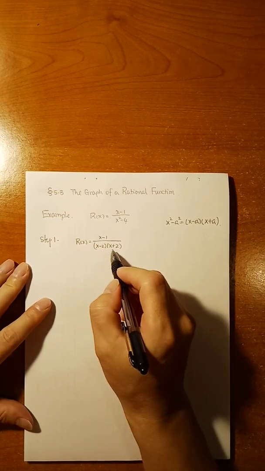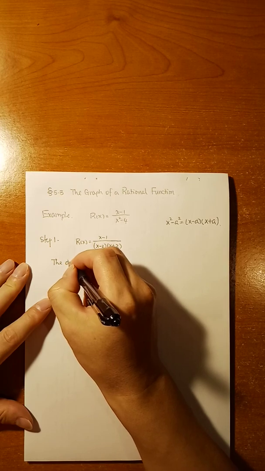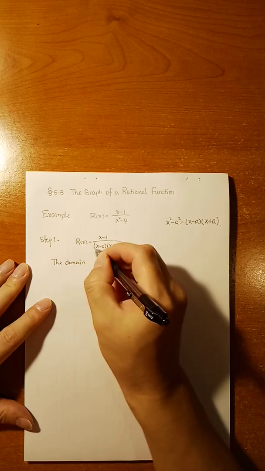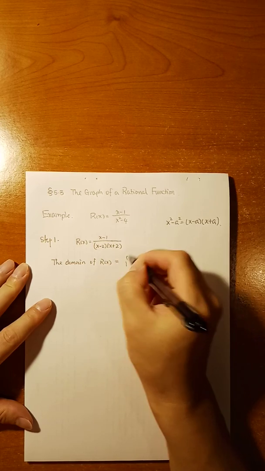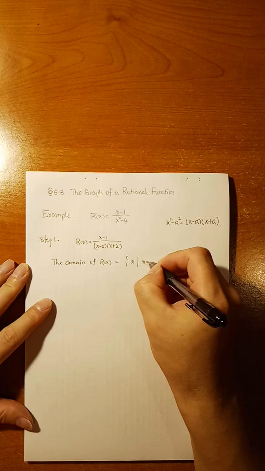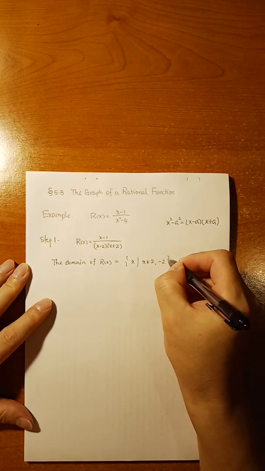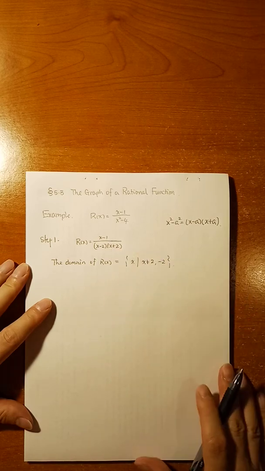After we factor the denominator, we can see that the domain of R of x is the set of all real numbers except 2 and negative 2. x cannot be equal to 2, x cannot be equal to negative 2.